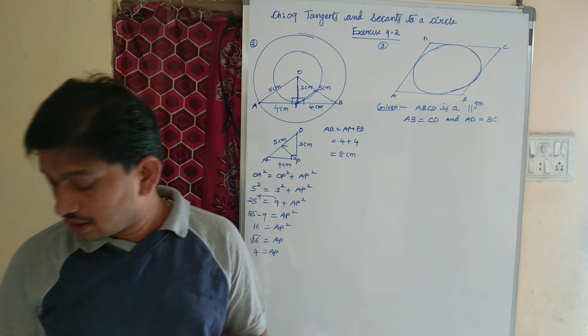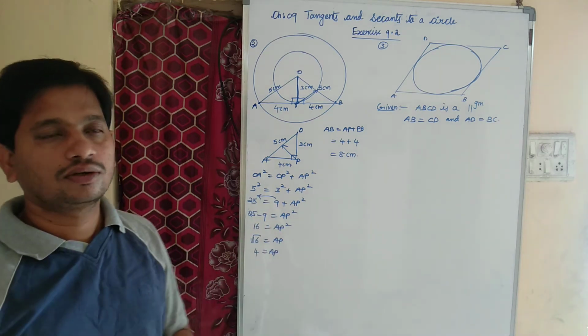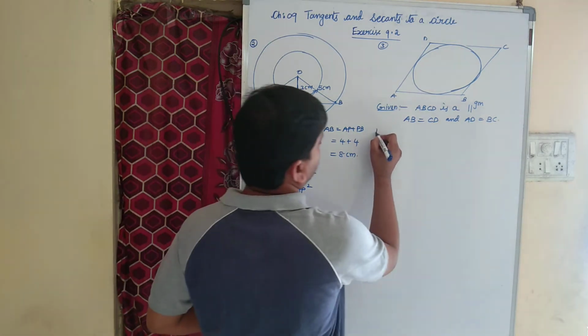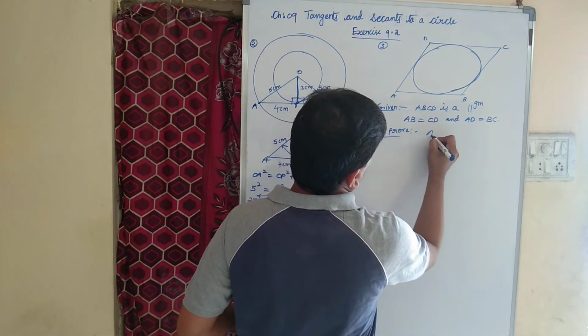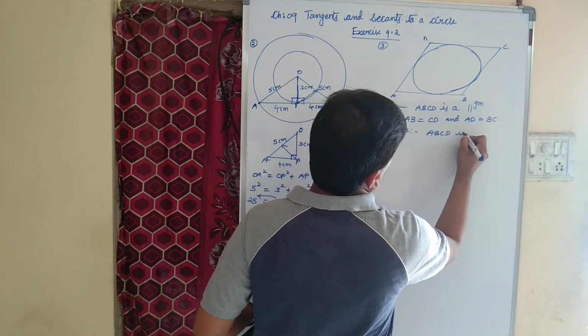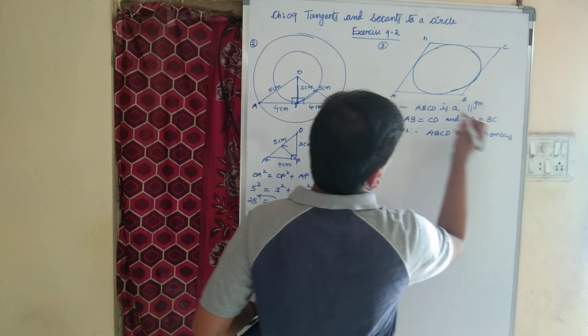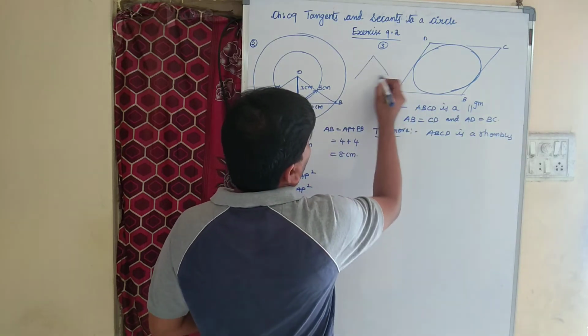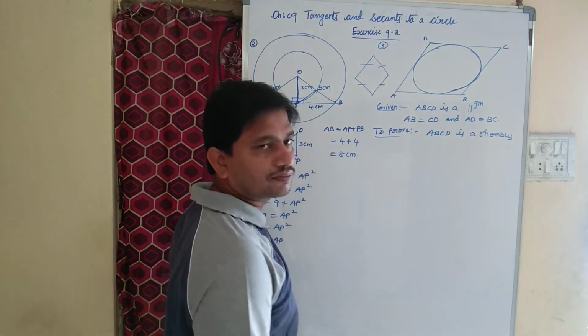Prove that the parallelogram circumscribing a circle is a rhombus. We need to prove that ABCD is a rhombus. What is a rhombus? A quadrilateral in which adjacent sides are equal.